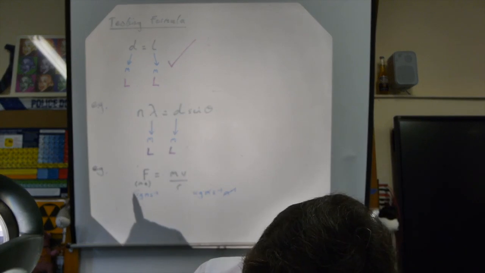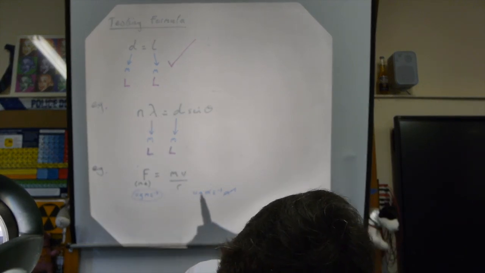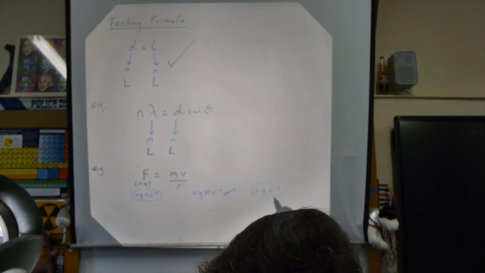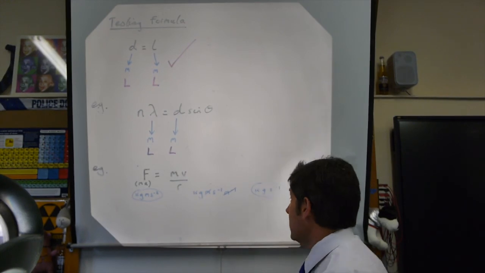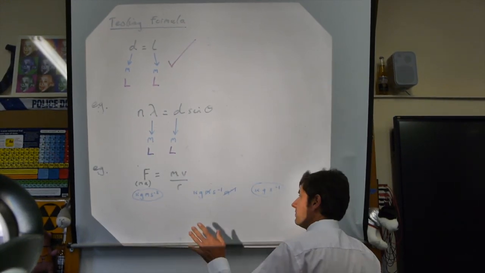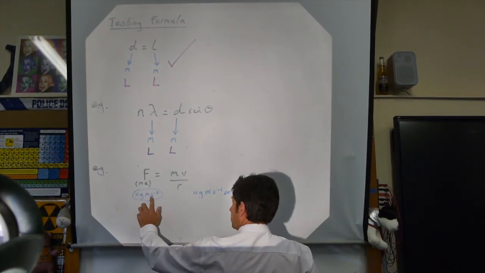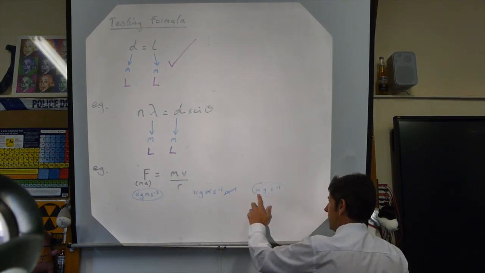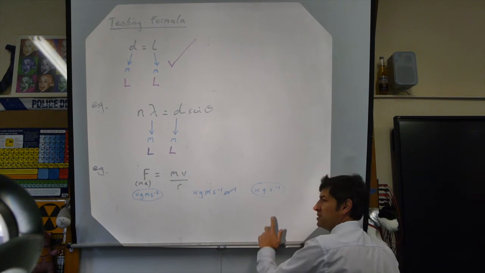Okay, so I'll put a circle around that lot and I will rewrite it as kilogram seconds to the minus 1. Okay, and you'll immediately notice that kilogram meters per second squared is not equal to kilogram seconds to the minus 1.